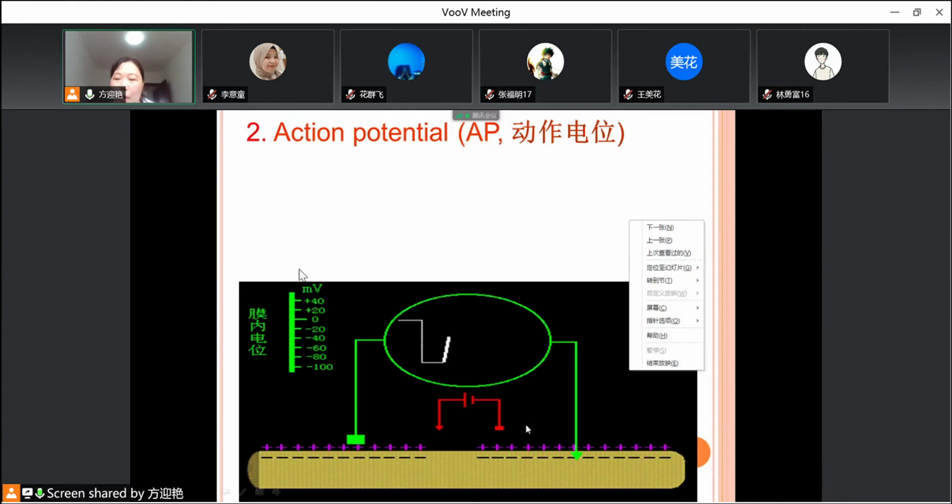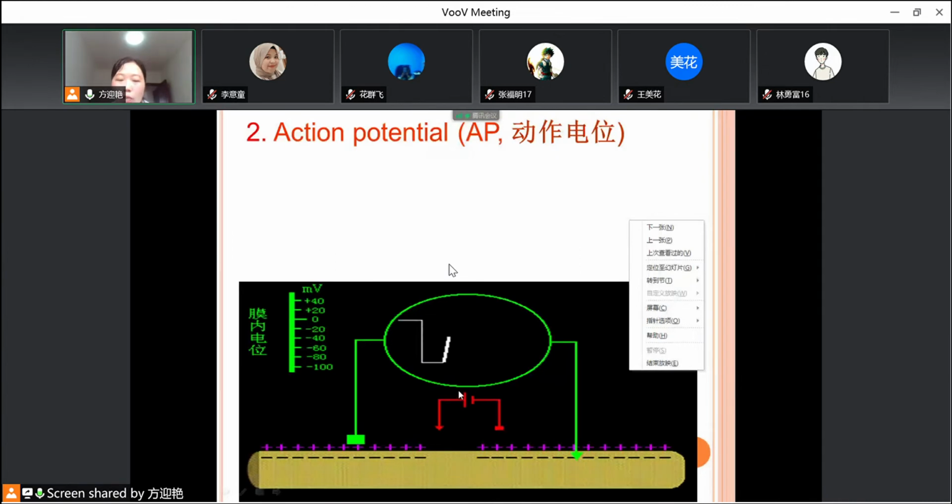So if the sodium channel opens, sodium flows into the cell, and sodium carries positive ions. The potential inside the cell membrane increases, from negative 90 up to zero, reaches the threshold potential, and even goes higher, reaching positive 30.